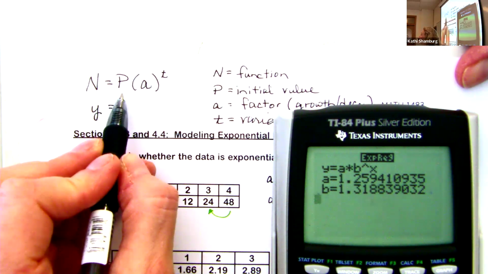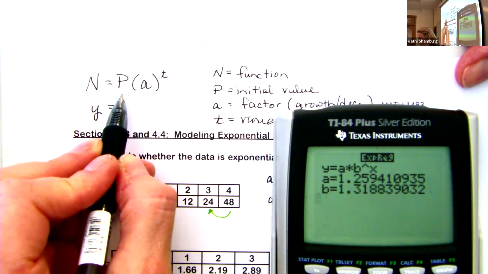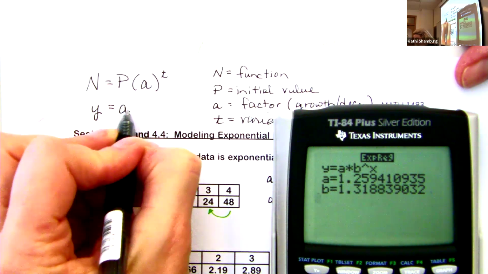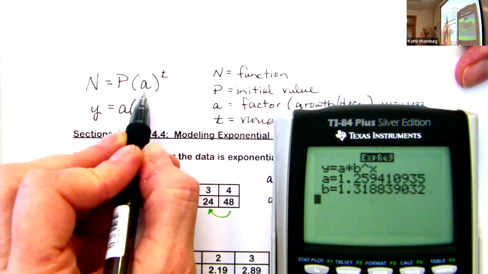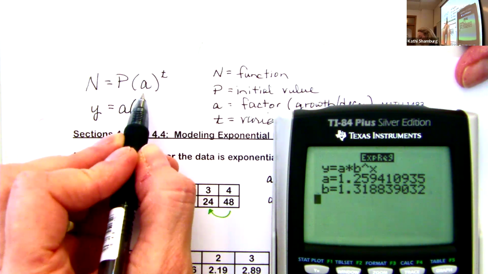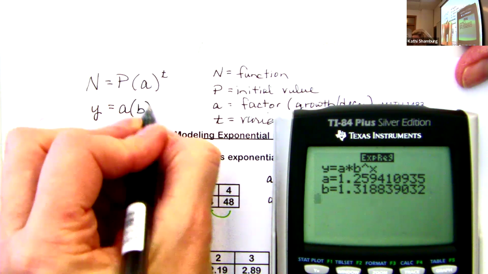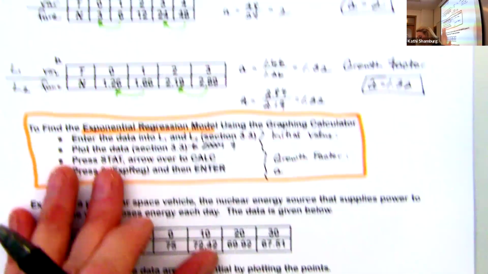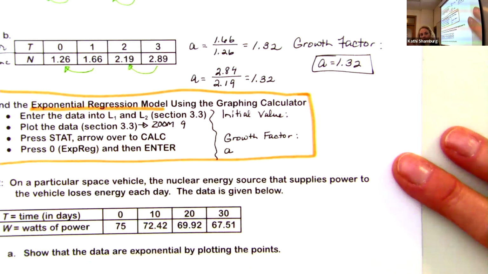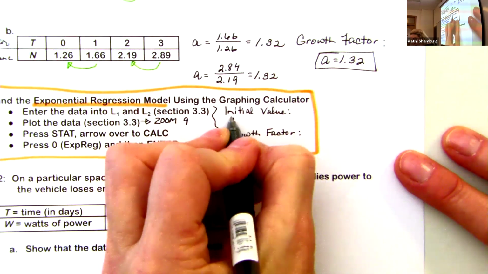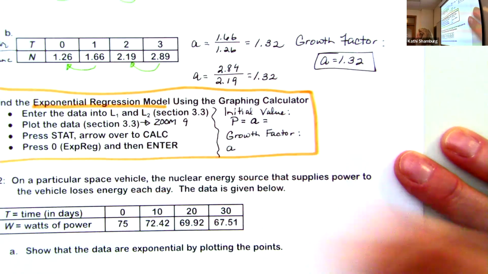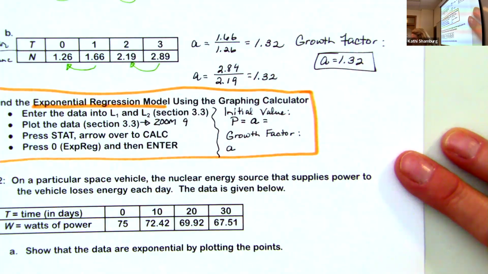For the initial value P, what is the calculator using? A. For our growth factor of A, what does the calculator use? B raised to the x. So you have to be careful on this because the initial value that we call P in the calculator is actually A. So you're gonna need to be careful of that.